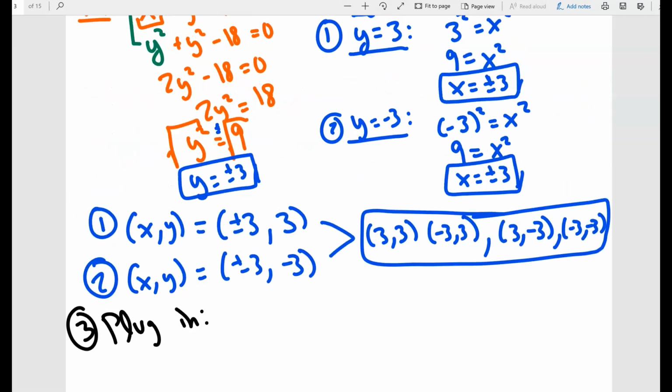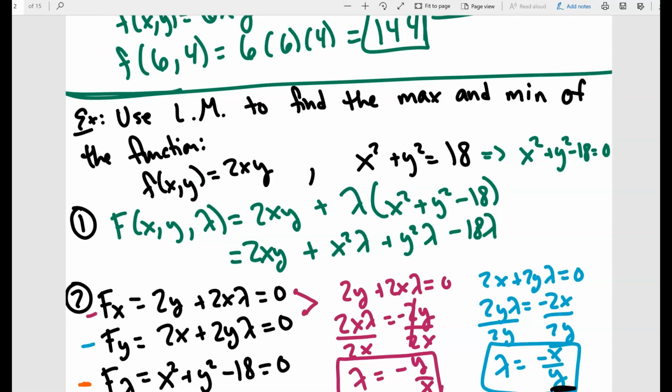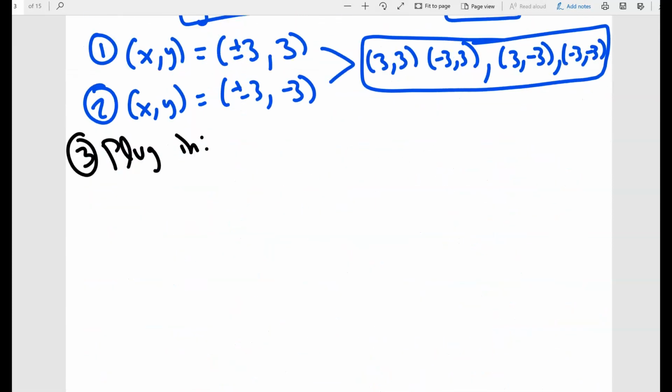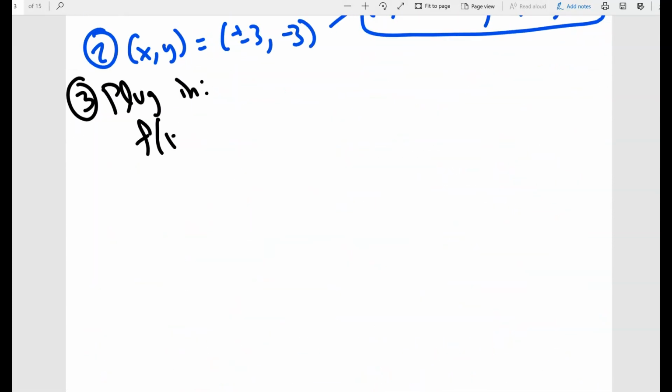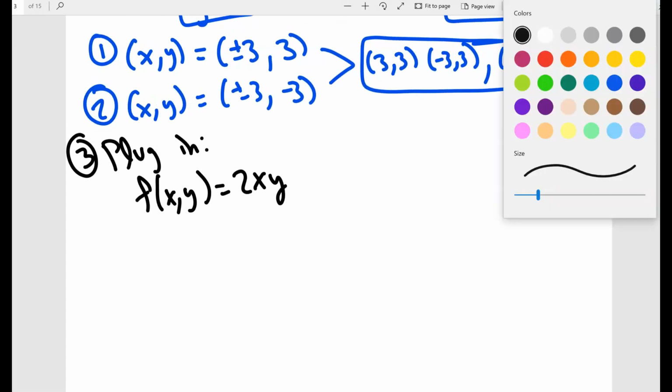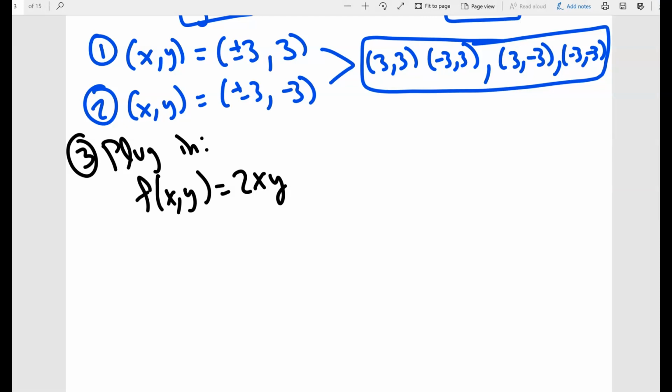My original function, if I go all the way back up, is f of x comma y equals 2xy. And all I've got to do is plug in all of these points. First I'm going to plug in 3 comma 3. I'm going to get 2 times 3 times 3. This is going to give me 18.